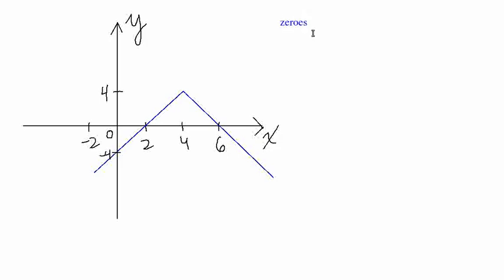Find the zeros of the absolute value function, find the y-intercept of the absolute value function, and find intervals where the function values are less than 0. All right, so pause the video and try to find those items, please.